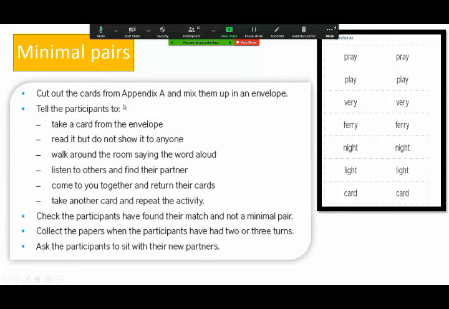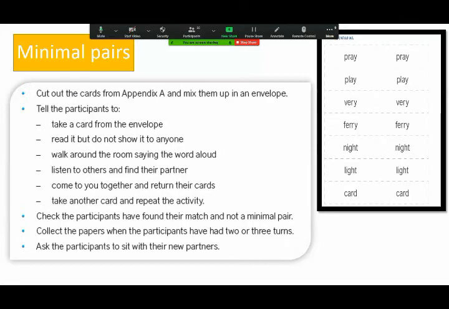Cut out the cards from Appendix A and mix them up in an envelope, and then tell the participants to take a card from the envelope, read it, but don't show it to anyone. The participant will read it quietly.